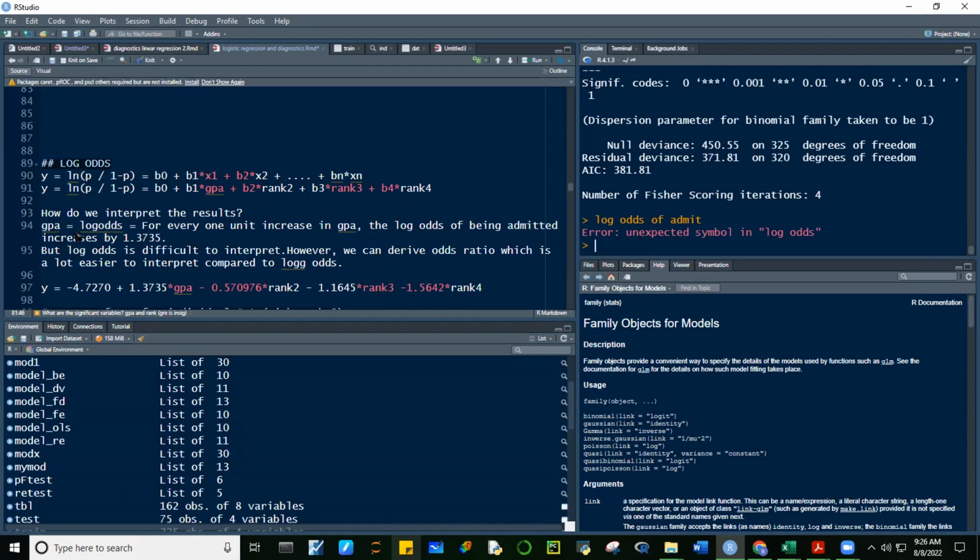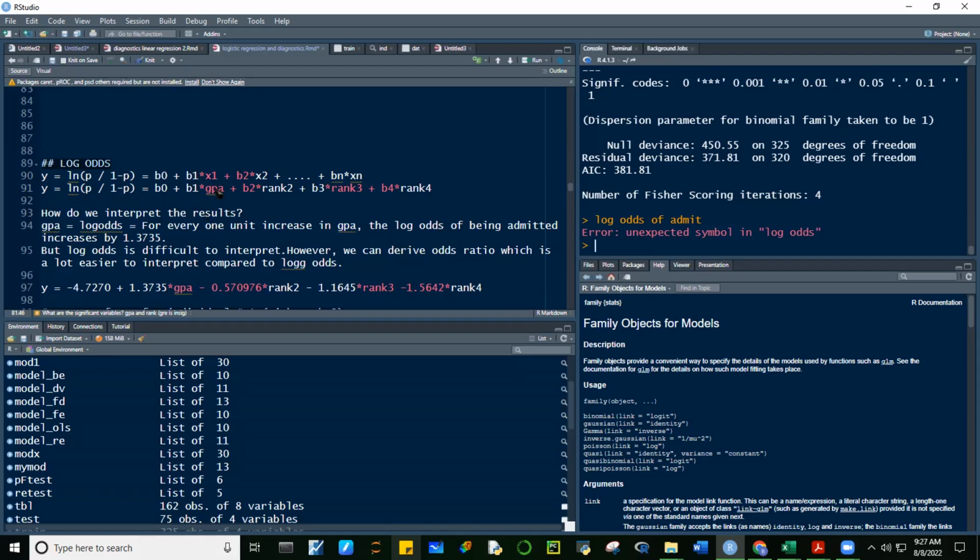Pag in-interpret natin si GPA, we're going to use the log odds kasi yung y, as I said, and I hope I'm not sounding like a broken record already, yung equation na y is equal to log odds.